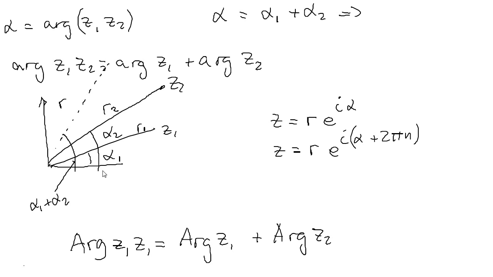So let's illustrate this. We have these two complex numbers z1 and z2, which have the argument values α1 and α2 respectively. So when we have the product called z here, then the argument value of this z is equal to the sum of these two alpha values.